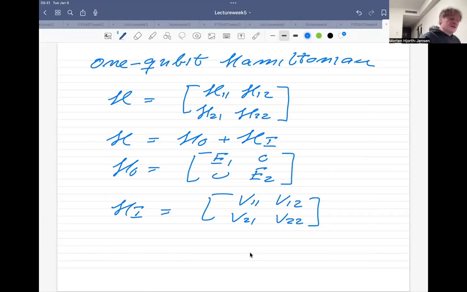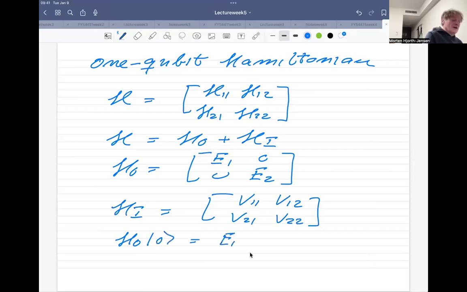Now, this Hamiltonian matrix is something which we could rewrite in terms of Pauli X, Pauli Y, and Pauli Z matrices. One thing which is very typical in this kind of problem is that we often try to find a part of the Hamiltonian like this H0, which defines an eigenbasis, and that eigenbasis is actually our computational basis.